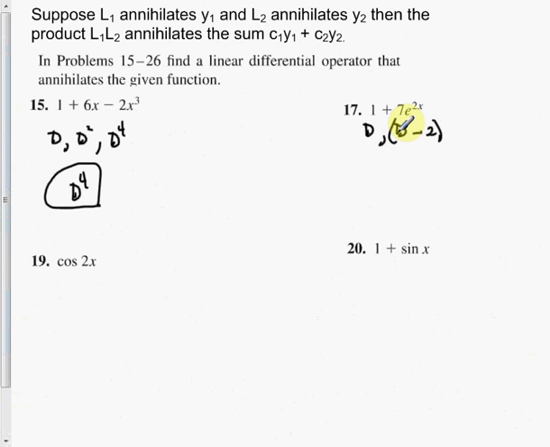Right? They're different. So here D, which is actually L sub 1, is going to annihilate this y sub 1, which is 1. And then L sub 2, which is D minus 2, is going to annihilate this 7 times e to the 2x. So to annihilate the whole thing, it becomes the product of the annihilators. So here, the answer is D times D minus 2. The product of the annihilators annihilates the sum.